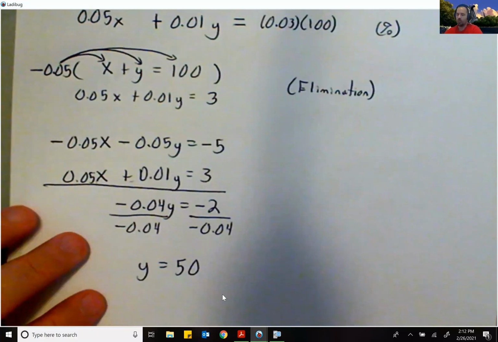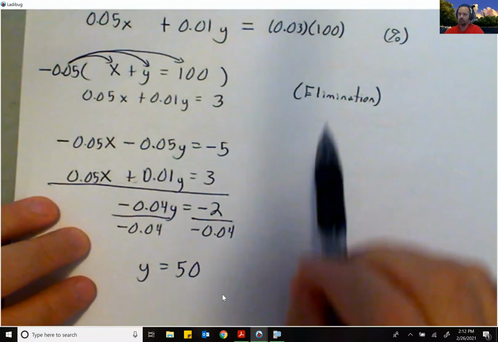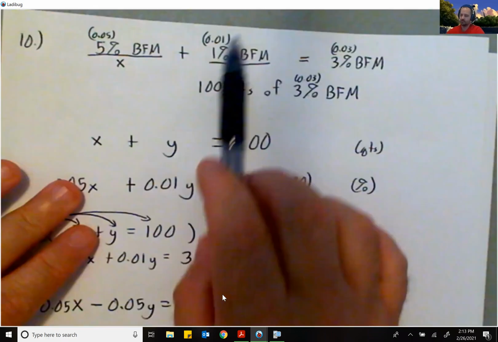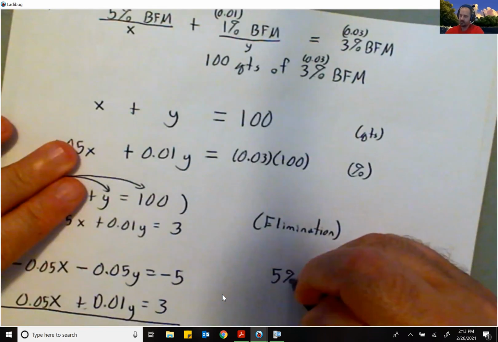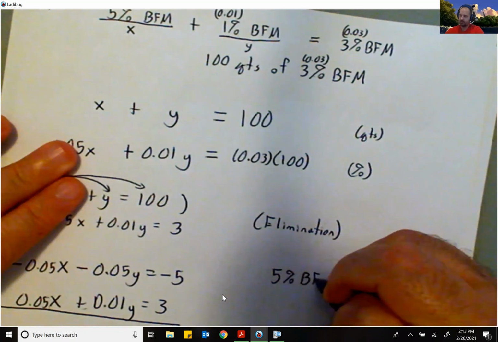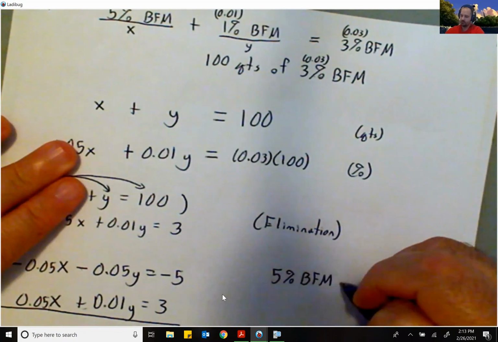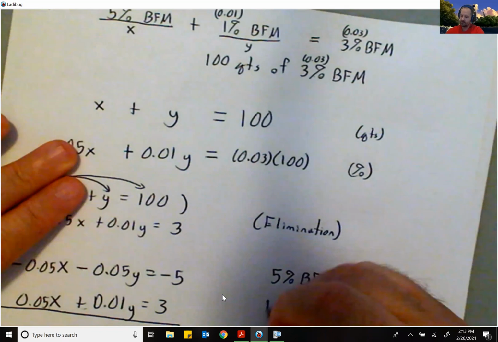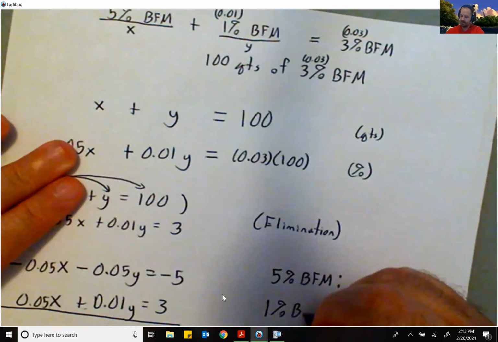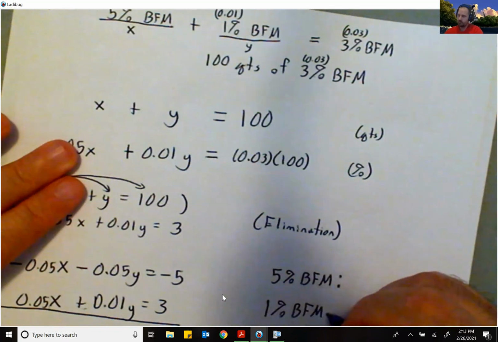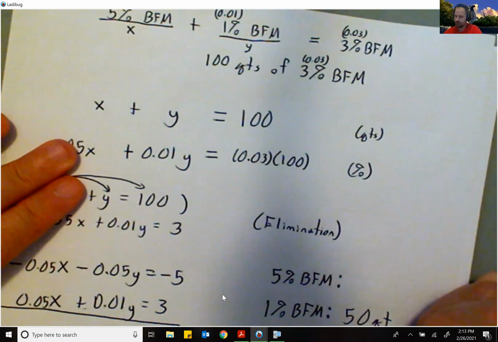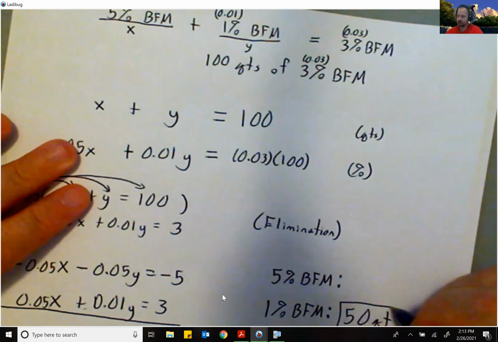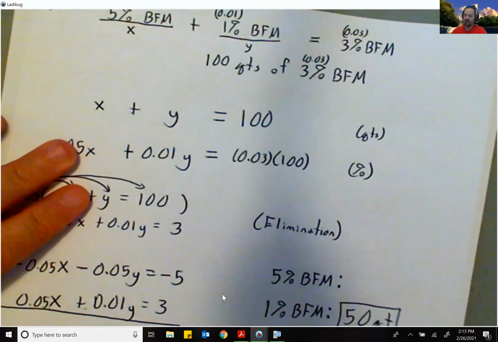So remember, y is about the 1% butterfat milk. We know the 1% now. It is 50 quarts. How do I get the 5%?